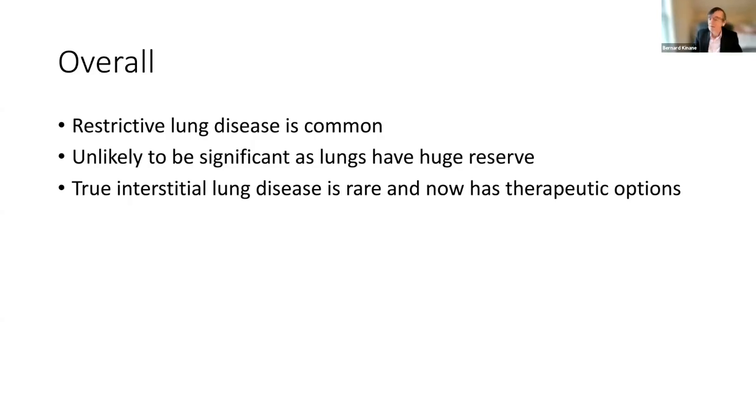True interstitial lung disease, which is the one we worry about, which is fibrosis throughout the lungs, is very rare, and we have not seen it here. Now we have therapeutic options for this, so it's concerning, but also the future could be quite bright here.